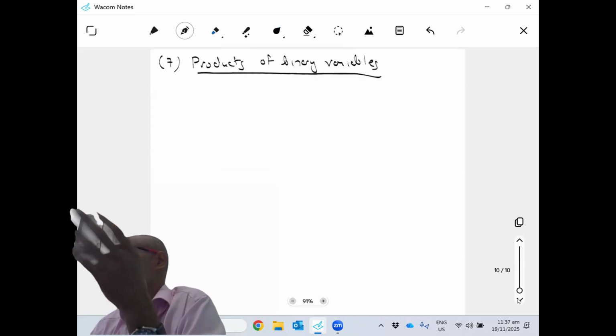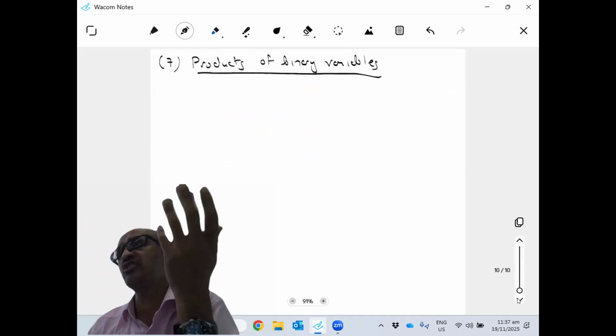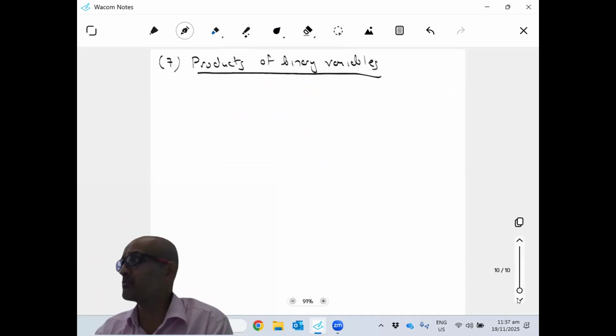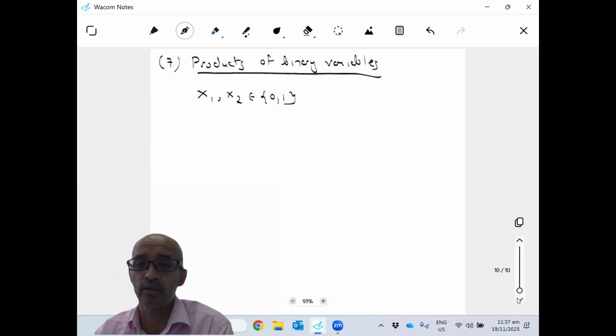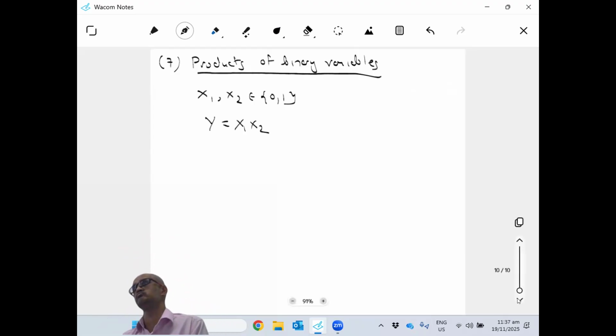But of course, there are problems which are nonlinear, and sometimes these can also be converted. The simplest example is if I give you two variables, x1 and x2, both of which are binary. And let's say somewhere in my optimization problem, I've got constraints which involve the product of x1 and x2.